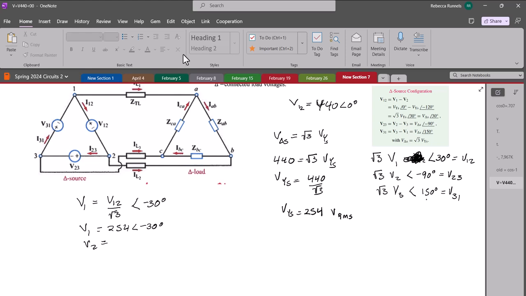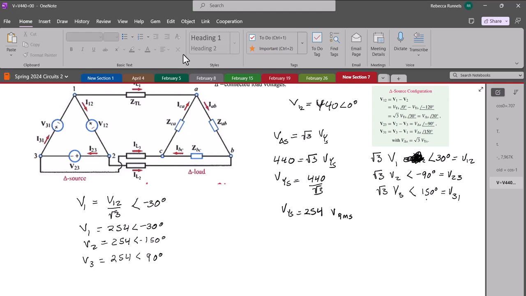And then V2, this is balanced, so it will also be 254, and it'll be 120 less than that, so it'll be minus 150 degrees. And then V3 will be 240 less than 30, or 120 more, and so that would be angle 90 degrees.